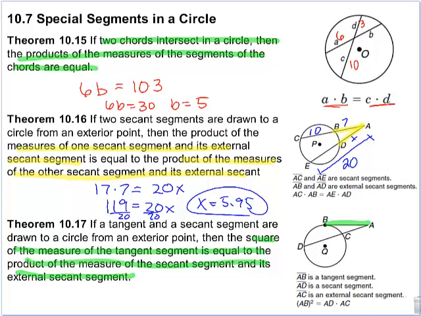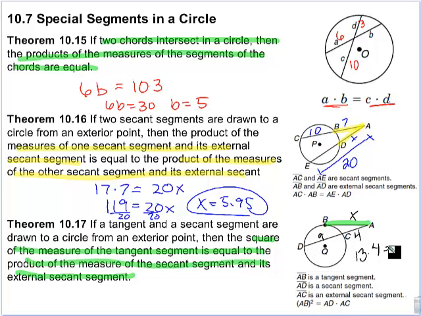So let's say DC is 9 and AC is 4. We want to find AB, our x. Okay, so let's look at the secant line. What's the entire length of the secant line? 13 times what's just the external part? 4.